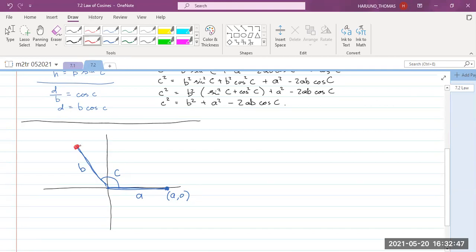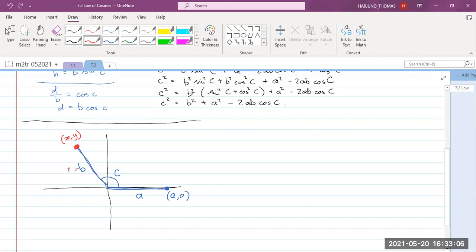What is the coordinate here? Now, if you remember from our trigonometry on the circle, the (x, y) here has the following definition.